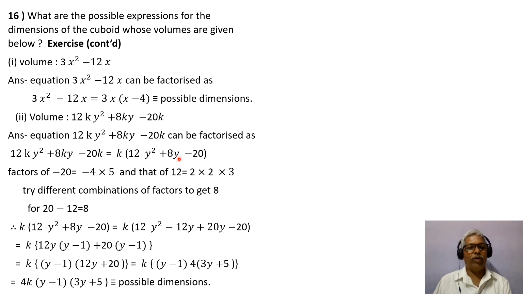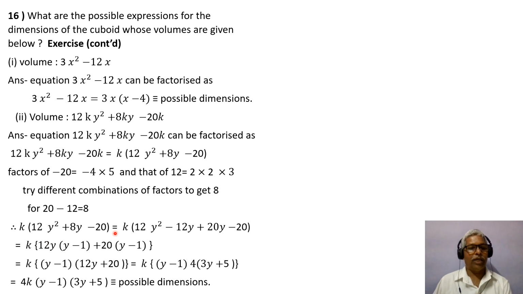Now we have to write this in such a way that we can split it to get the multiplication of 12 and 20. In the present case, this is very simple. Otherwise we have to do all this. Now I am getting it like this: 20 minus 12 is 8. So I am writing this like this.